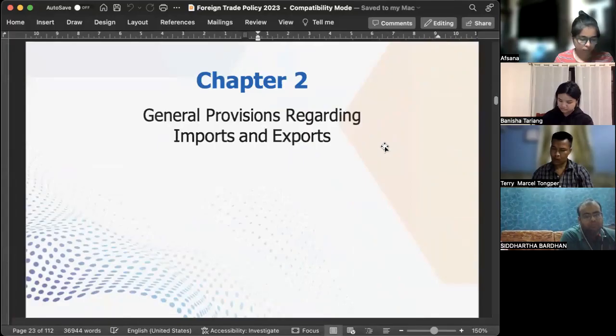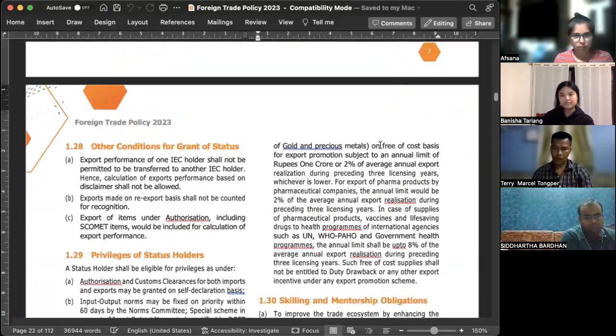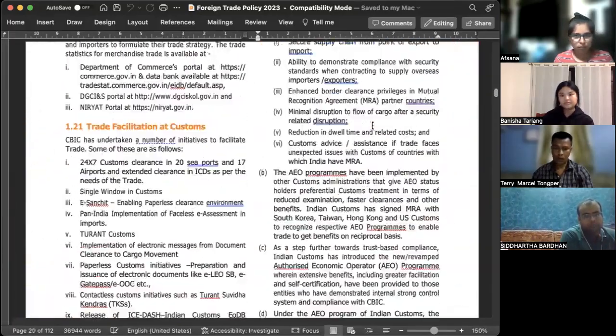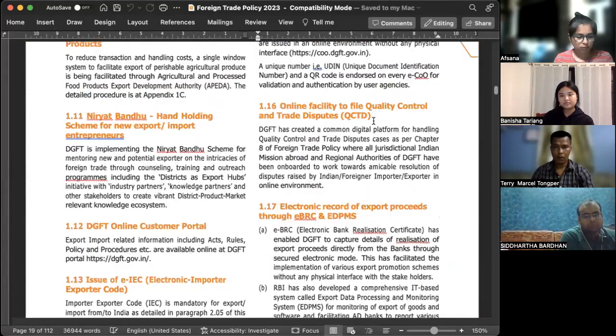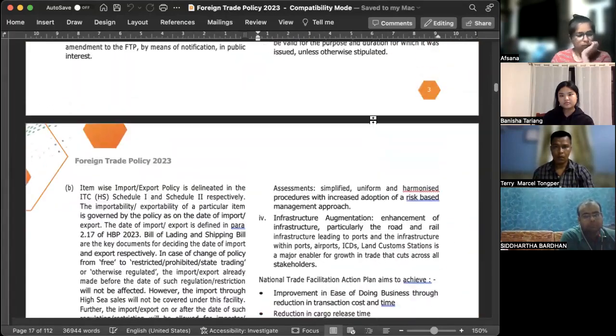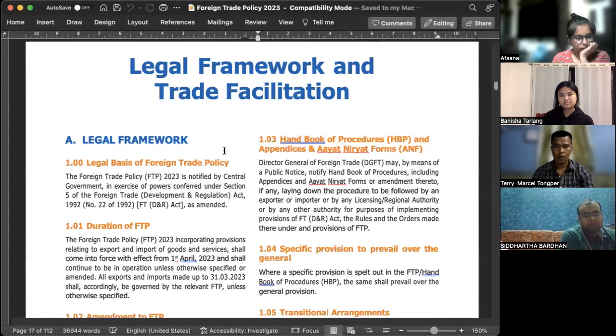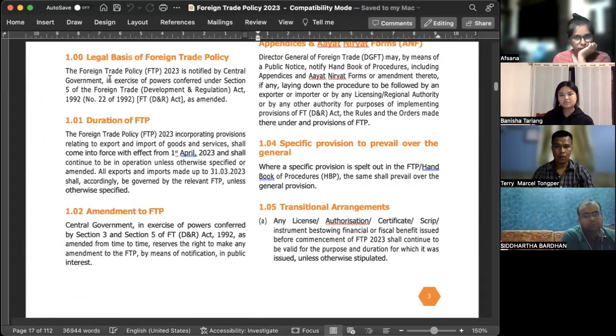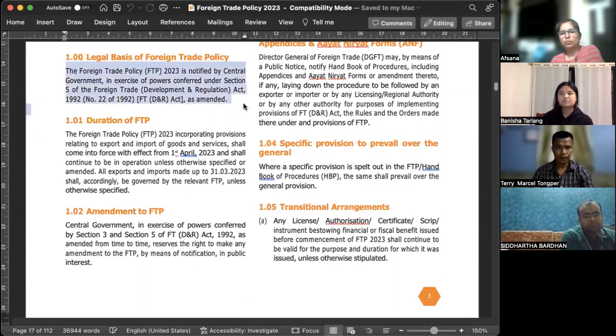Then there is chapter number 2. So in total, 32 points are there, and we must understand every topic. Some are relevant, some are not relevant, but you must understand everything. Point number 1. This is already known to you. Just read it by yourself. I'm not reading it. What does it say.